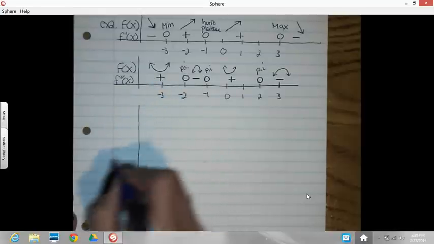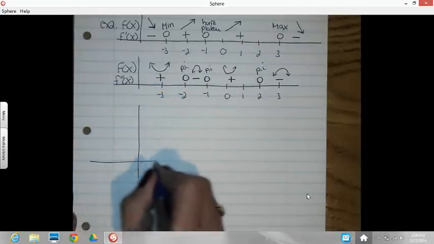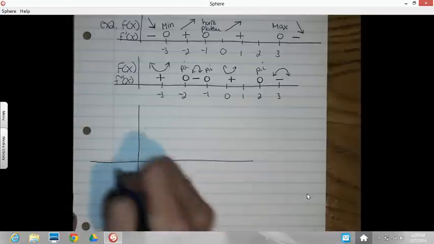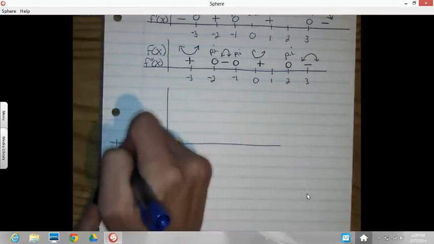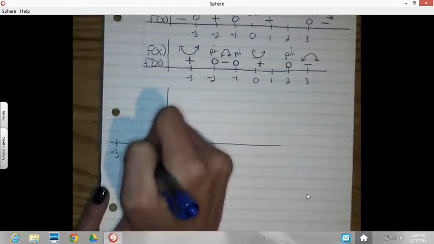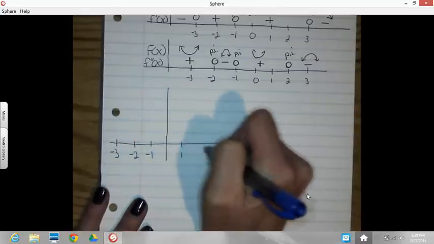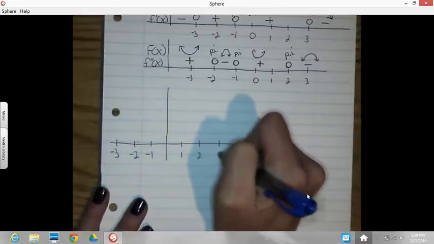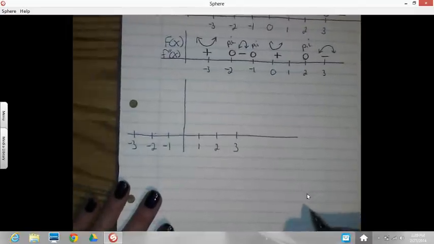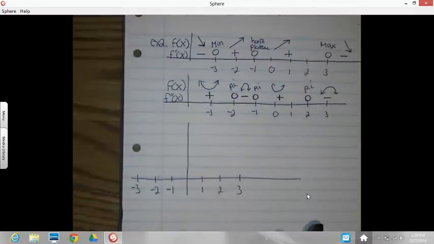Oh, got to go to negative 3. Let's see. Negative 3, negative 2, negative 1, 0, 1, 2, 3. All right. So we start chunk by chunk.